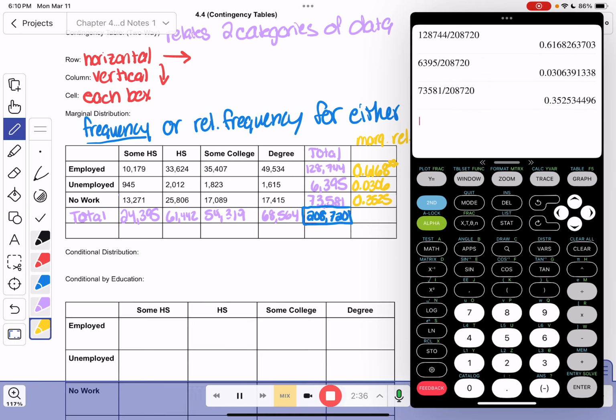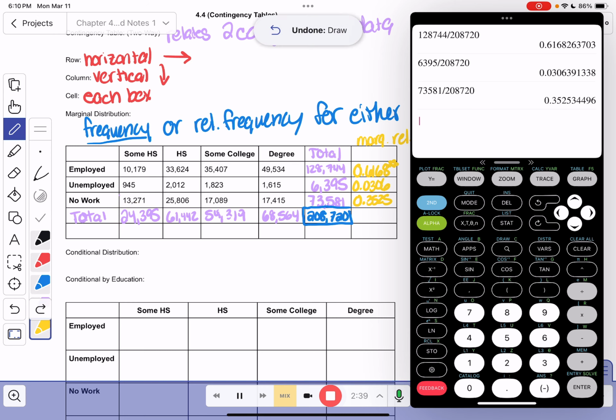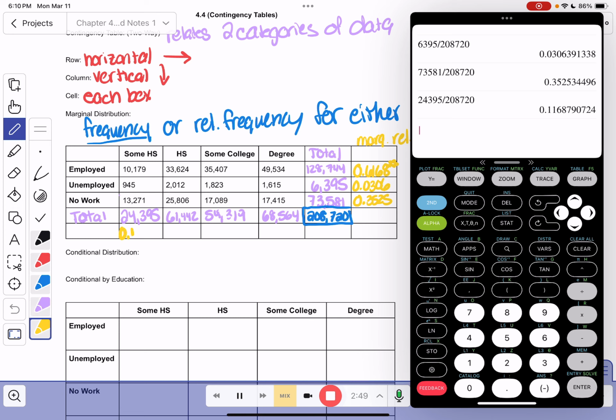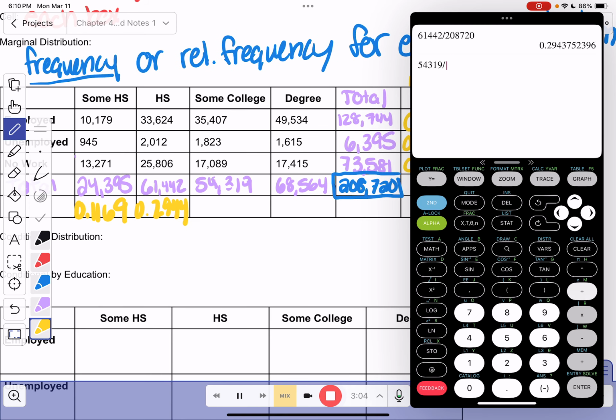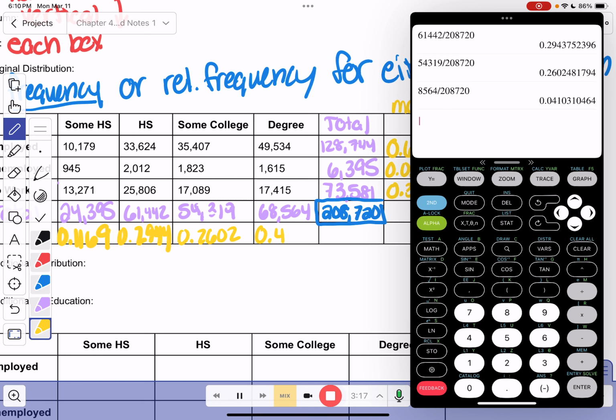And then we do the same thing here. We're just going to take this total divided by 208,720, and I would get 0.1169, 0.2944, 0.2602, and, oh, I forgot a number, 68,564.